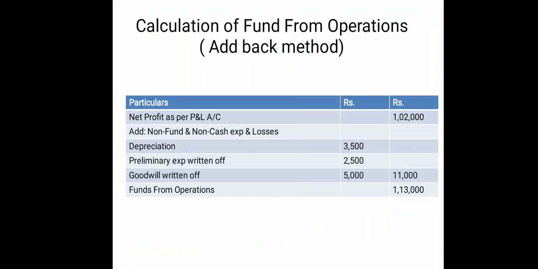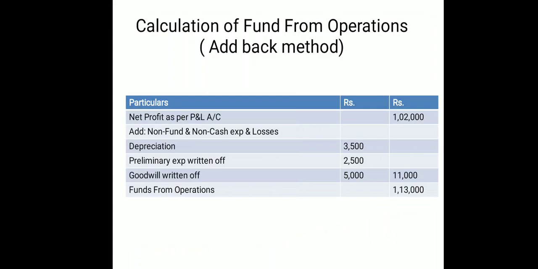First we'll go with our old method, the calculation of fund from operation by the add back method. The profit given is 1,02,000. Last class we learned that in the net profit we need to add back non-fund or non-operating and non-cash expenses or losses which we have already debited in the profit and loss account.